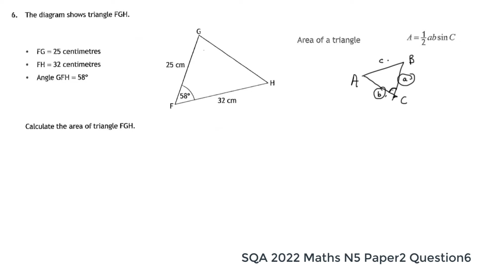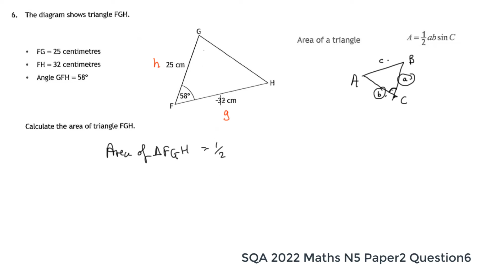So let's first label the sides. This is little g, its opposite angle G. This is little h, as its opposite angle H. And we've got the angle in between them. So the area of triangle FGH will be equal to a half.